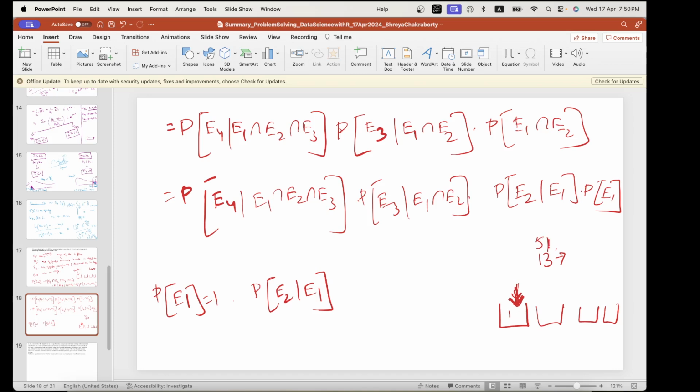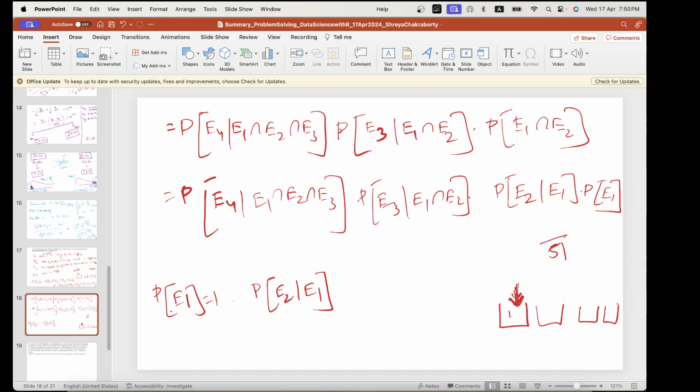So 52 minus 13, the remaining 39, from these 51. I have already given one card, so I have 51 cards left, right?